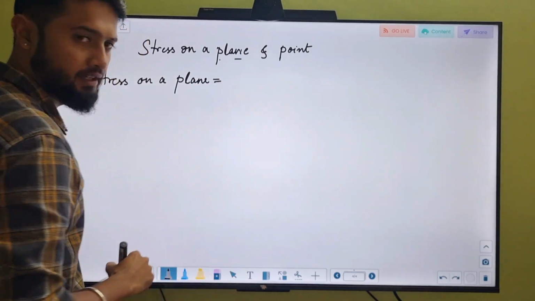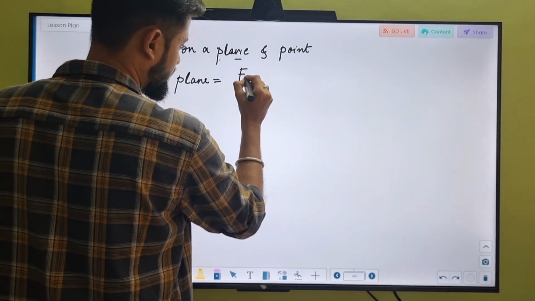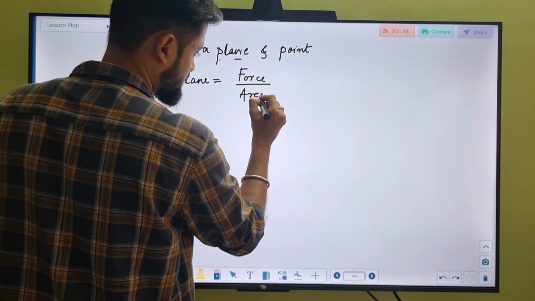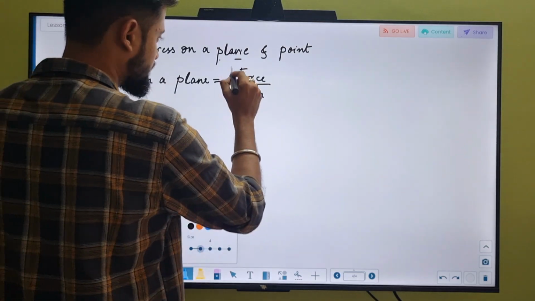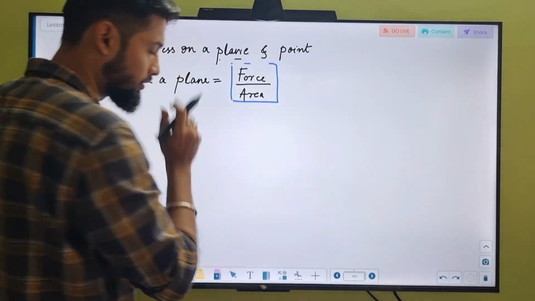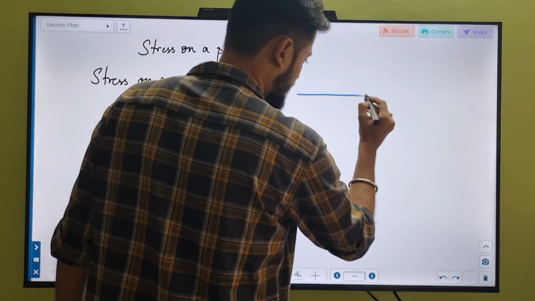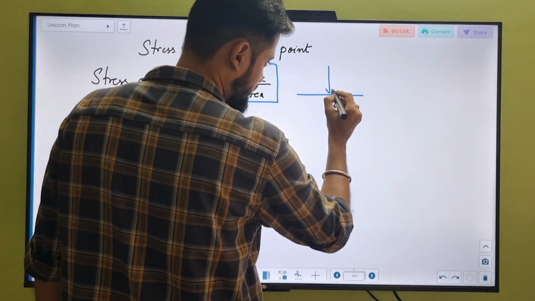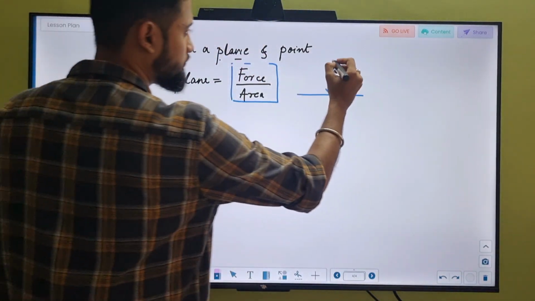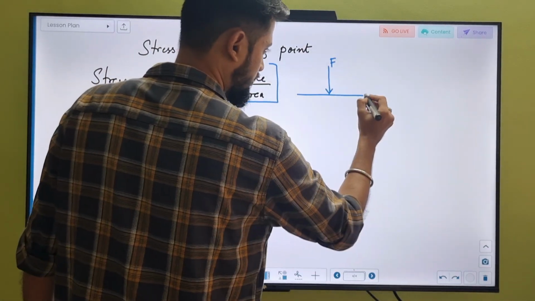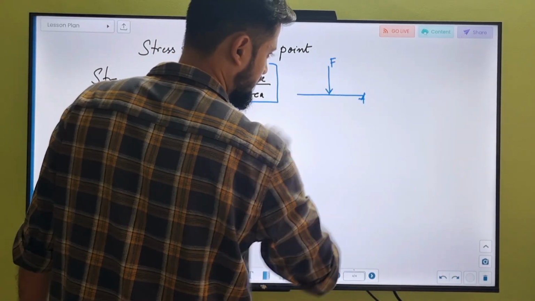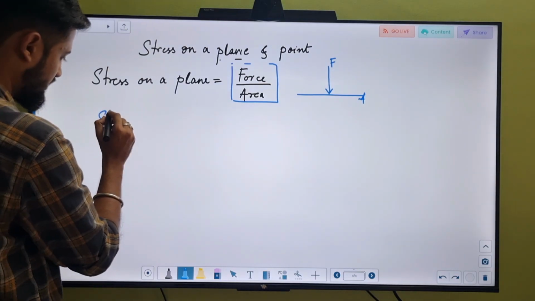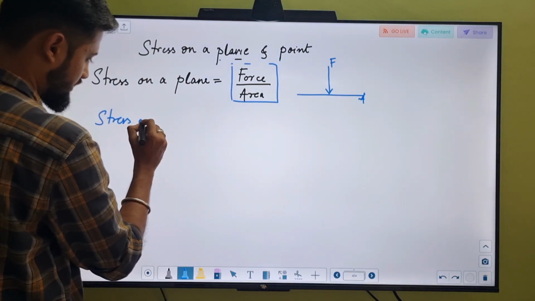Stress on a plane is given by the formula force upon area. So this is an area, and if I'm applying a force, it will be unidirectional. So that will be force upon the area.